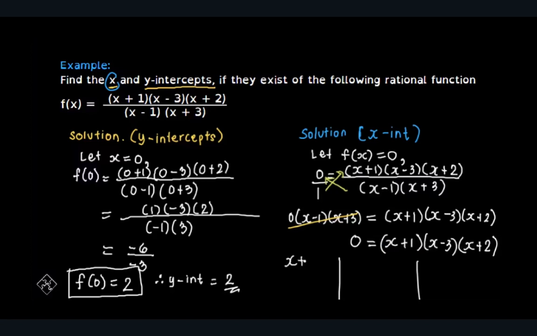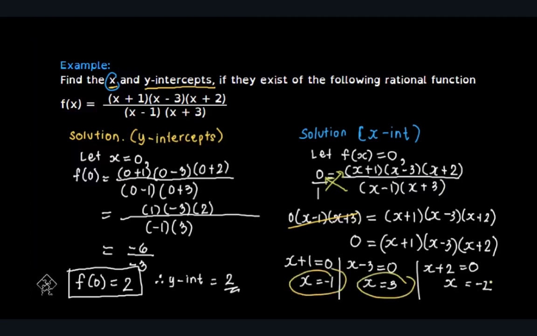So, let me write x plus 1 equals 0 here. In this case, I will use the middle one, x minus 3 equals 0. And the last, x plus 2 equals 0. Okay. So, when we solve for x, that is negative 1. We have x equals 3. x equals negative 2. So, we have 3 intercepts: negative 1, positive 3, and negative 2. And that is the final answer here.